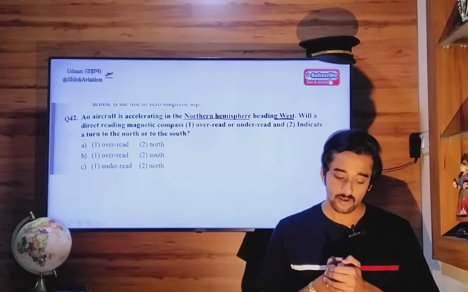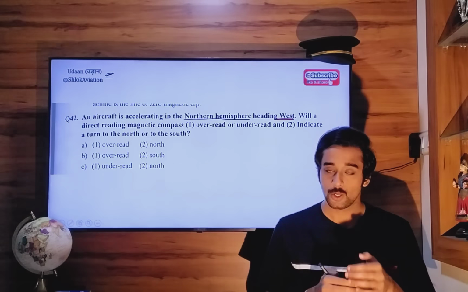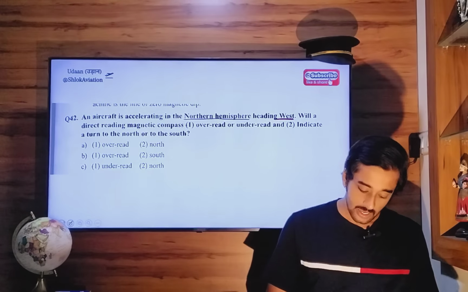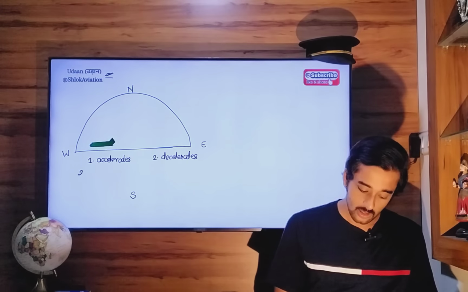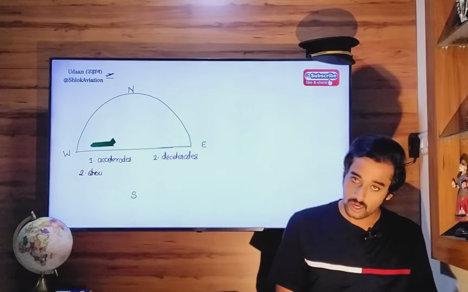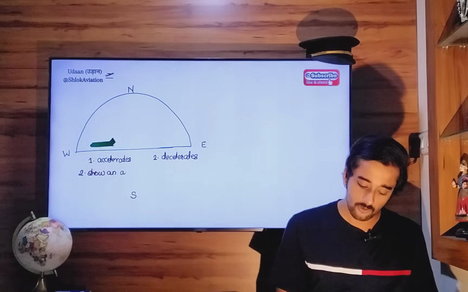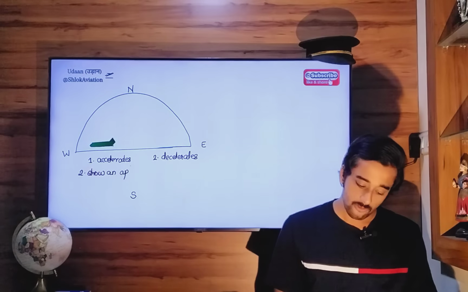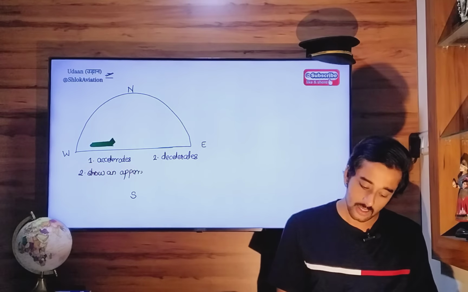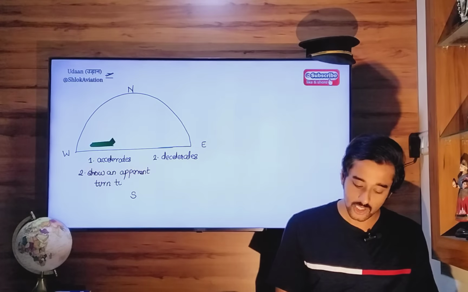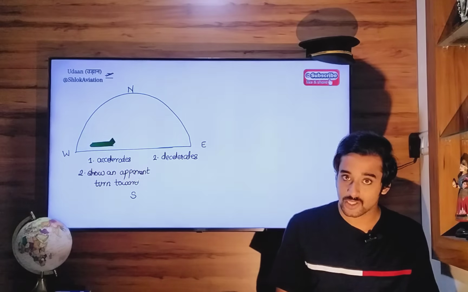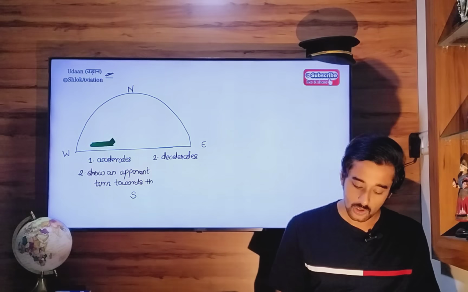Whenever you are accelerating on a westerly heading and you are in the north hemisphere, the aircraft magnetic compass will show an apparent turn, meaning for some temporary time, a false turn, a wrong turn, an apparent turn towards the nearest pole. So now you are in the north hemisphere, so it will show a turn towards the north pole.